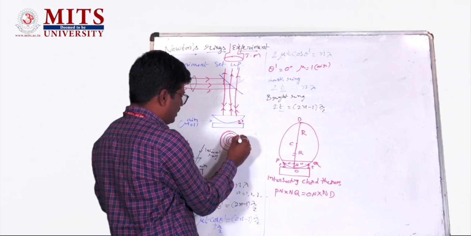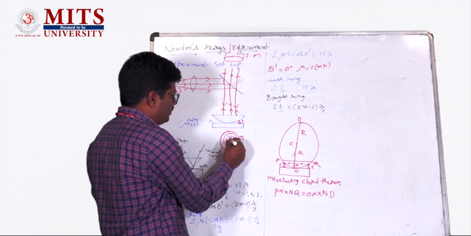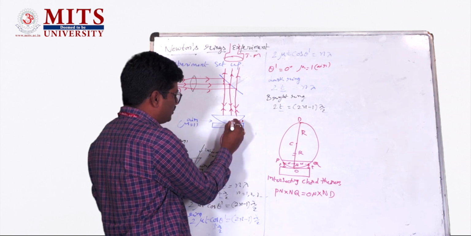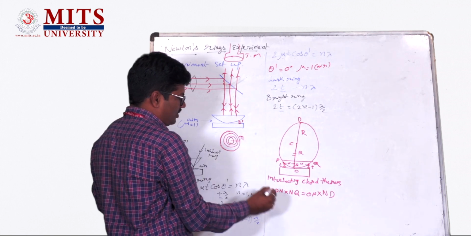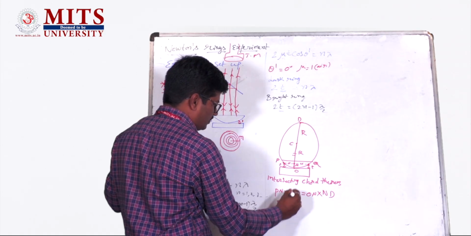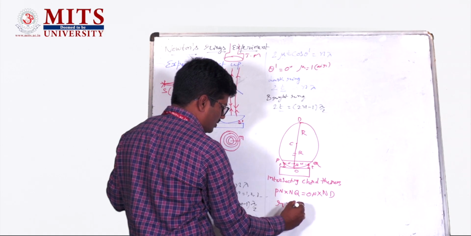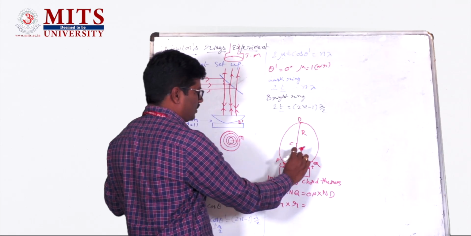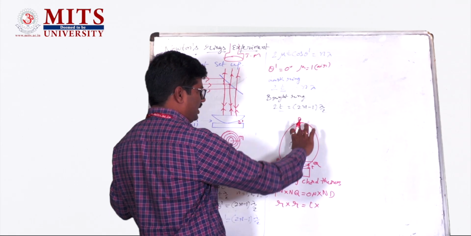For this thickness you have one ring, for another thickness you have another ring. So the distance from this center to that thickness will be the radius of the ring. So this PN is r. Similarly NQ, from here to here, is also r. ON is the thickness t, into ND.